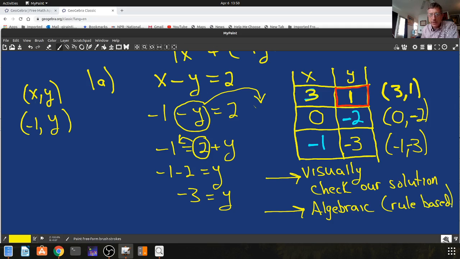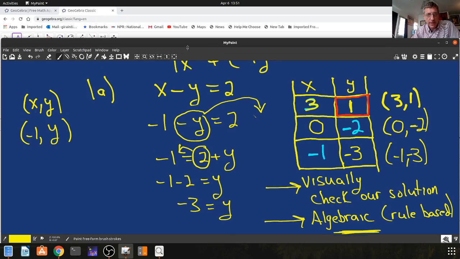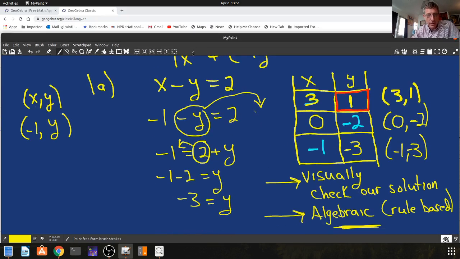So this is the first unification of the visual with the algebraic. If any of you are video gamers out there, how do you think the computer knows how to draw the characters in your video game? Well, it's using a lot of massive raw data, but it's using a lot of algebraic manipulation. And clearly it's using something similar to the XY plane.